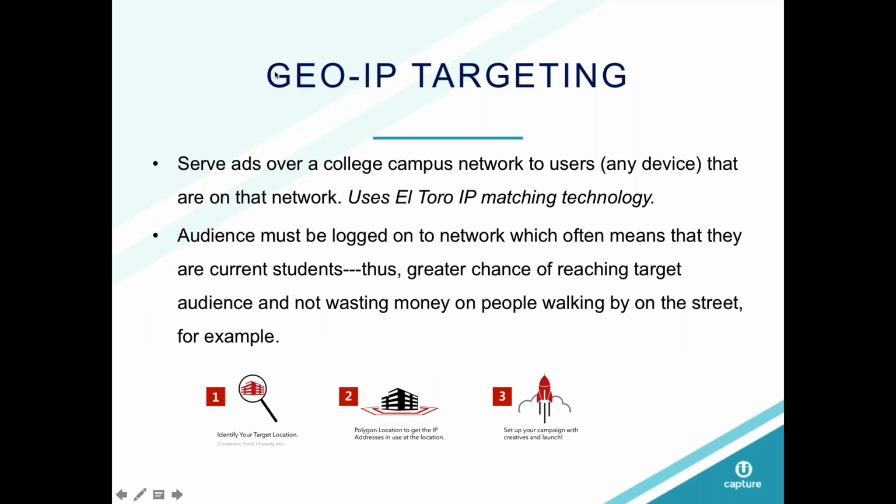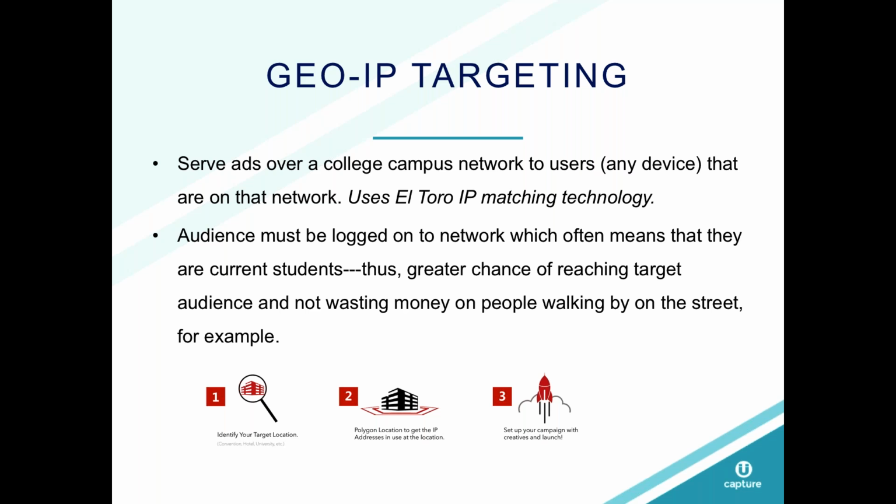The last and final product we have is called GeoIP targeting. We also use GeoIP targeting through El Toro. So what comes here is that same IP matching technology that they have patented. And essentially what this does is serve ads over any geolocation.